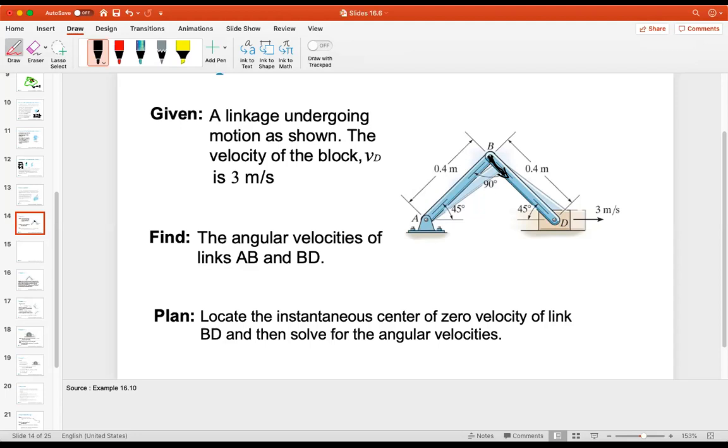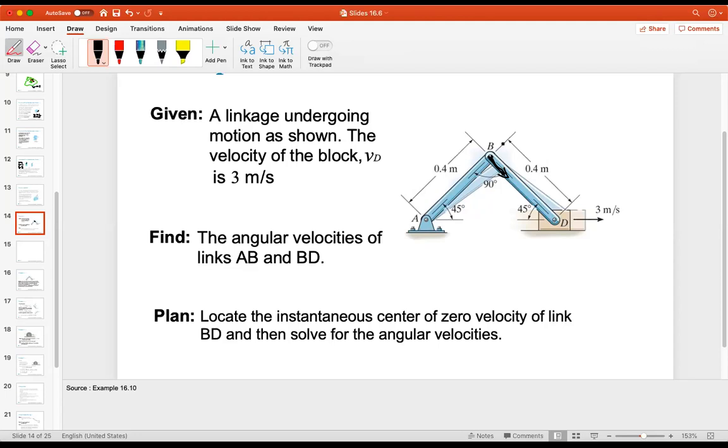The first case was when you knew omega and you knew the velocity of 1 point. Well, I don't know any omegas in this one, so that's not going to help us. The second case was when we knew the velocities of 2 points on a rigid object. That's exactly what we have here.